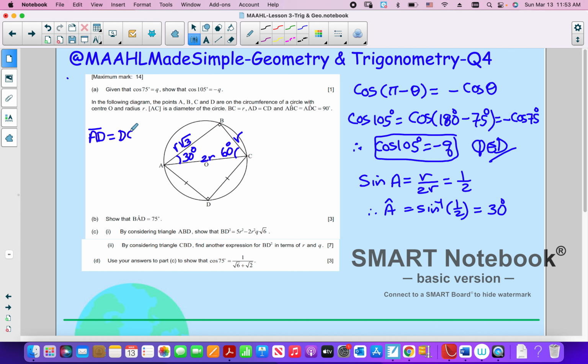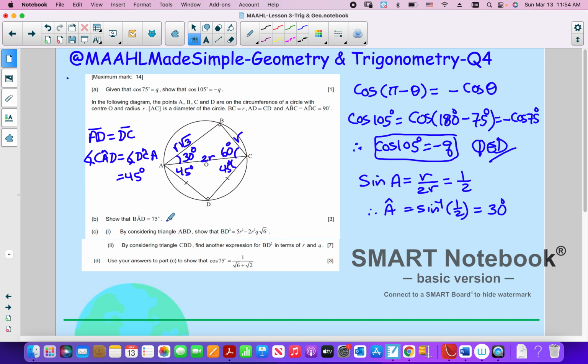That makes triangle ADC an isosceles right angle triangle, and that means the measure of angle CAD is equal to the measure of angle DCA, and both should equal 45 degrees each. So this is another special right angle triangle, 45, 45.